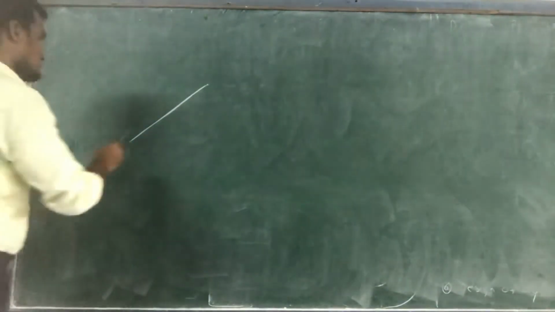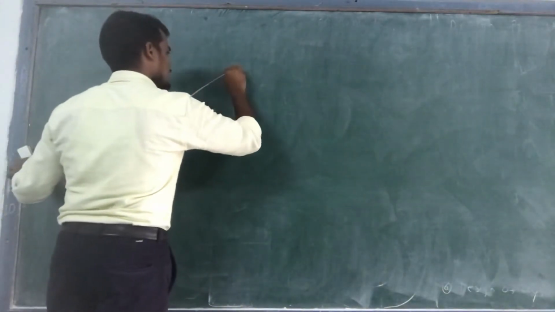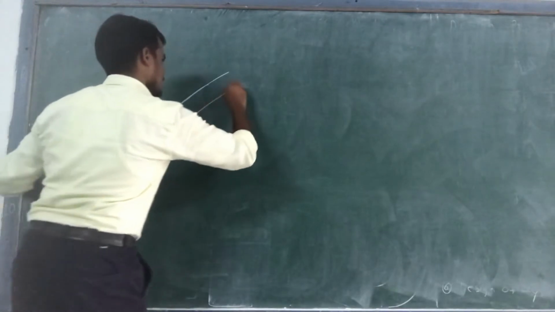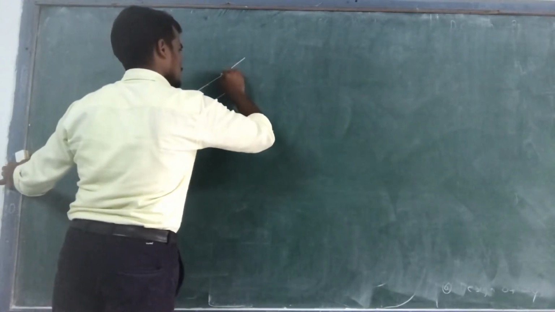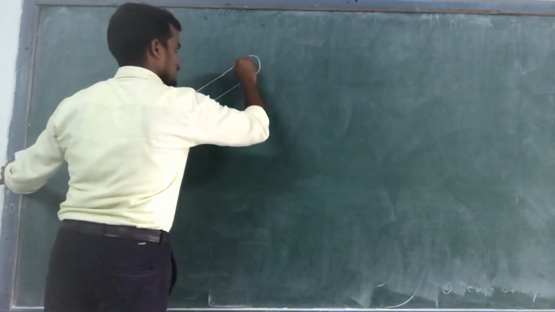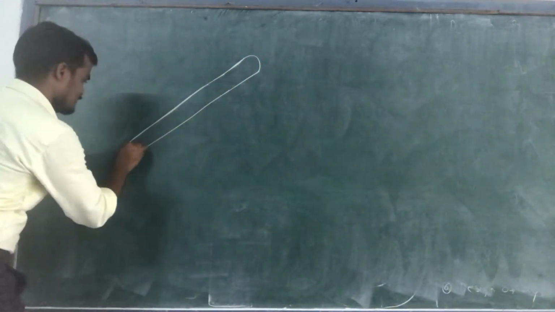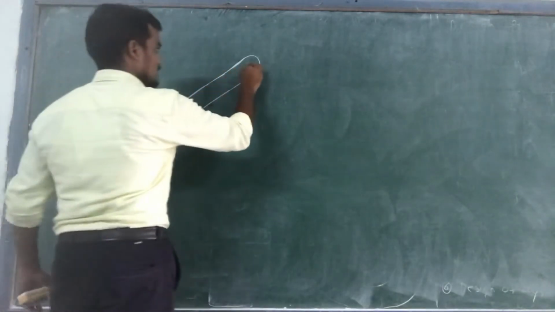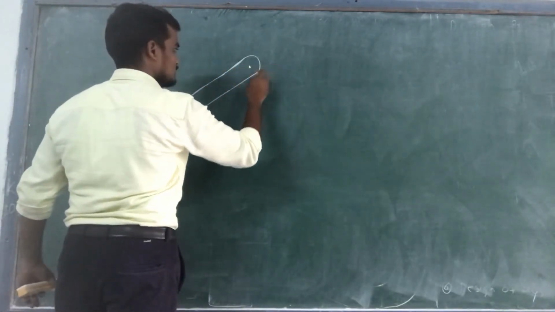So here we are taking this inclined member for our FEA analysis. Suppose this is your first node and this is your second.